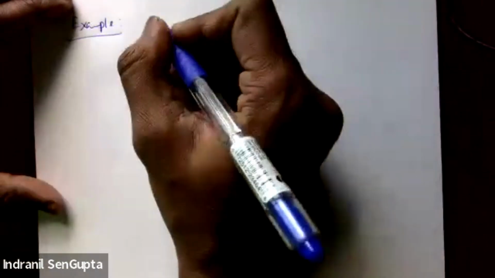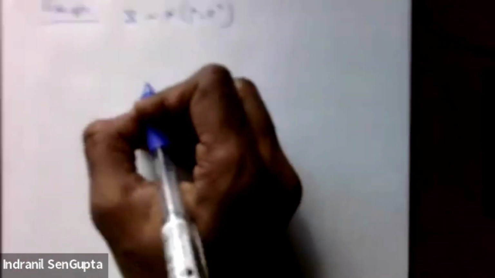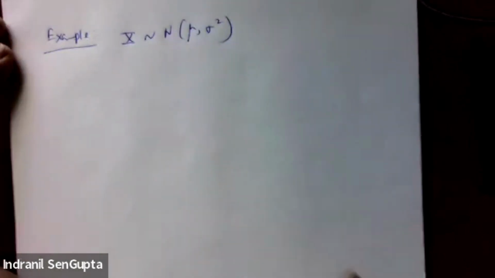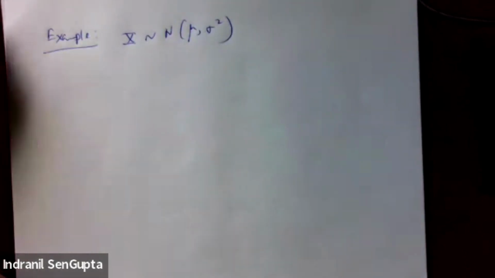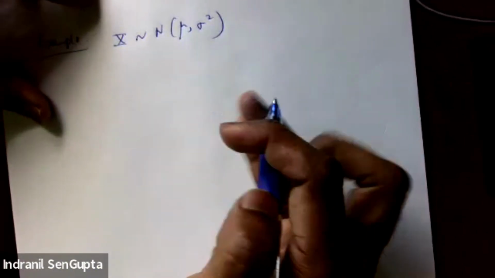Suppose X satisfies a normal distribution with mean mu and variance sigma squared.